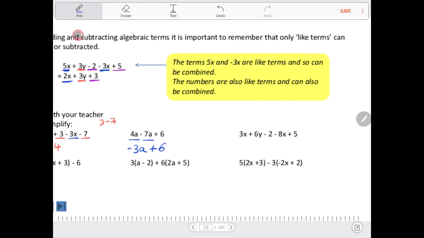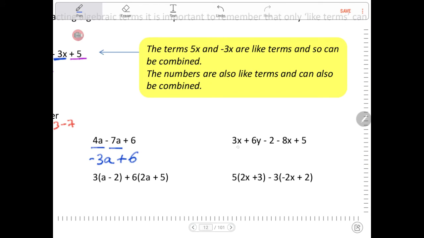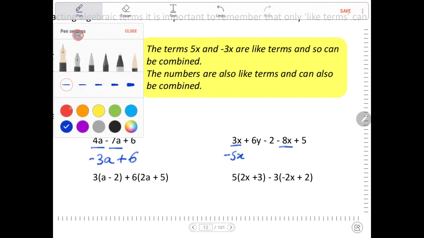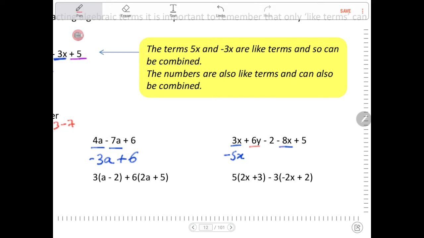All right, let's try this one. Okay, so we've got 3x take 8x. So 3x take away 8x leaves us with negative 5x. Okay, then there's only that one term with a y in it, the 6y, so we'll just go for it.